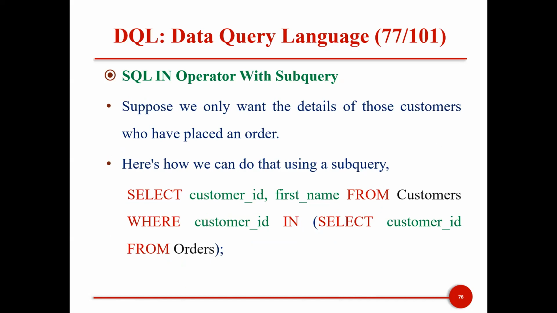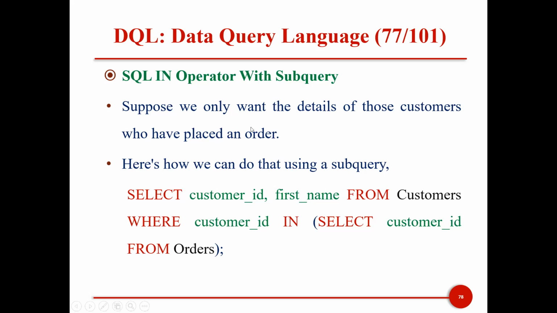You want only to display the records of all those customers whose IDs you find in the orders table. So how do you do that?